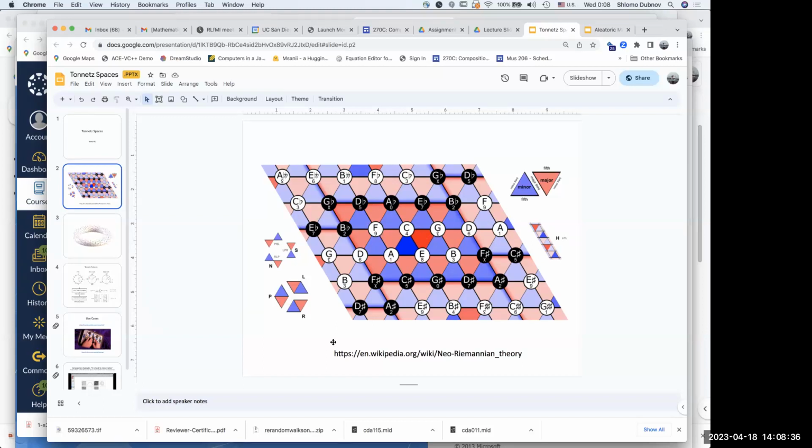Then you have a minor third on the right diagonal, the diagonal inclined to the right, and then you have a major third on the left diagonal, and that's basically an emphasis on these triad relations.